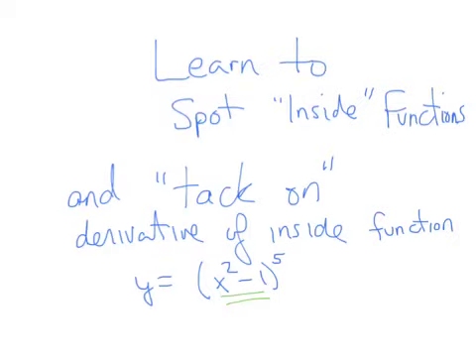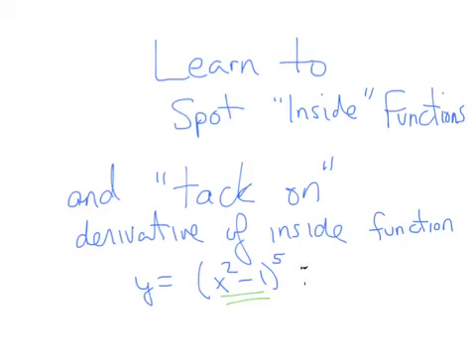All right, so what's key here in 3.6? You need to learn to spot inside functions, and the chain rule should come to mind. You are always going to tack on the derivative of that inside function. So here I see something being raised to the 5th power, and that something is a function unto itself.